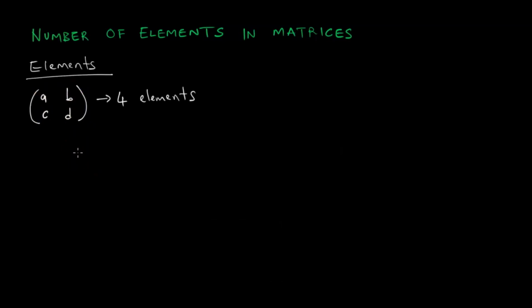Saka tinoziva sei the number of elements inside a matrix when we are given the order of that matrix. I'm sure we already know that the order of this matrix is going to be a 2 by 2 matrix. And the reason is we have 2 rows, 1, 2, and 2 columns, 1, 2.